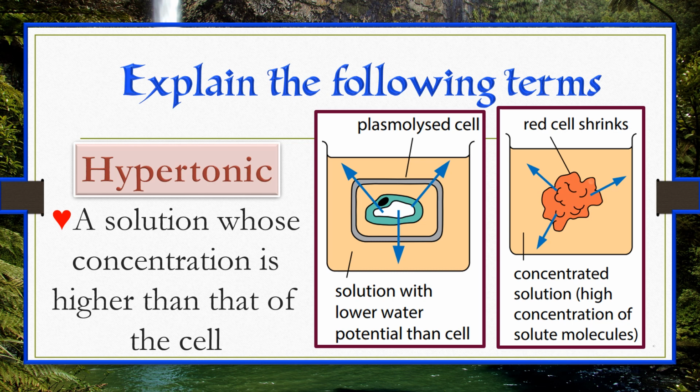Because more water is moving away from the red blood cell, it is going to cause the red blood cell to shrink. Therefore, we say that the solution in the container is hypertonic because it has a higher concentration than the solution in the cell.